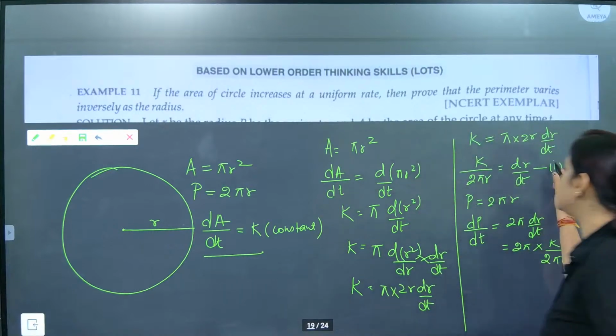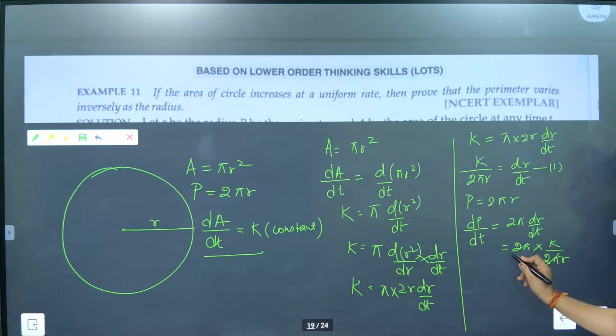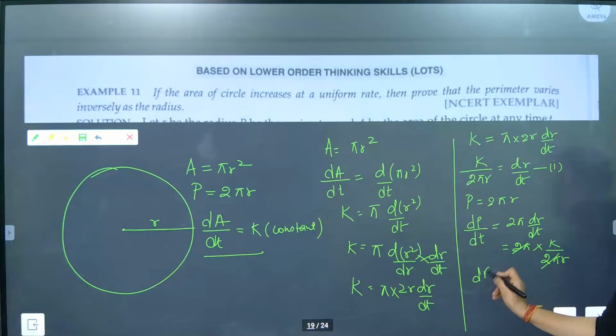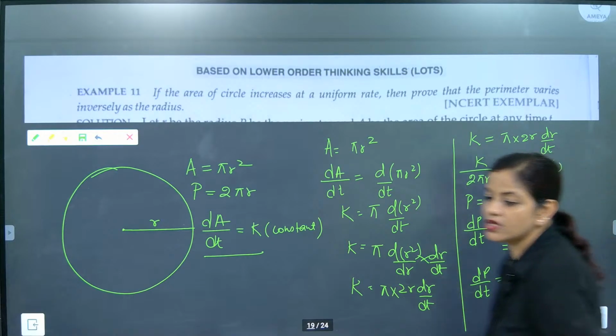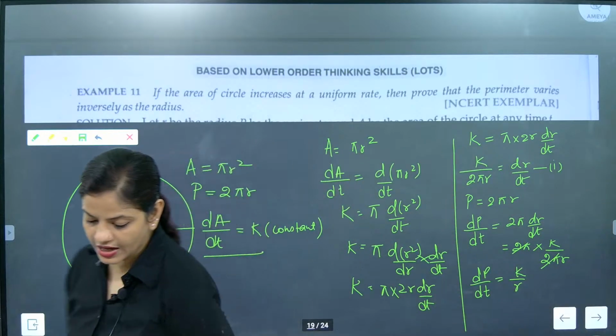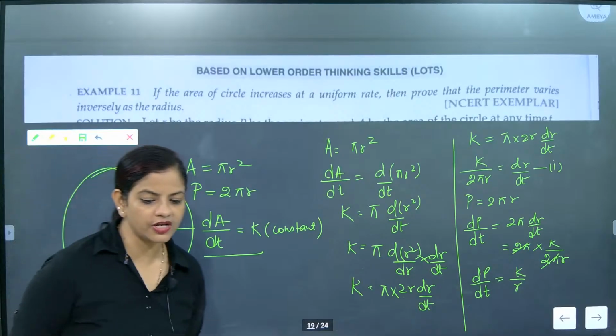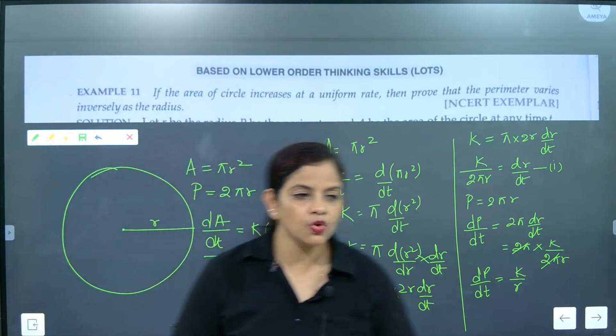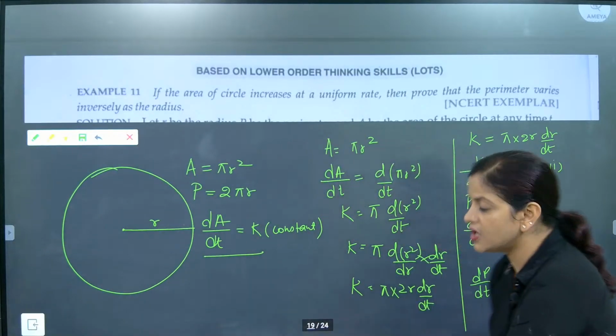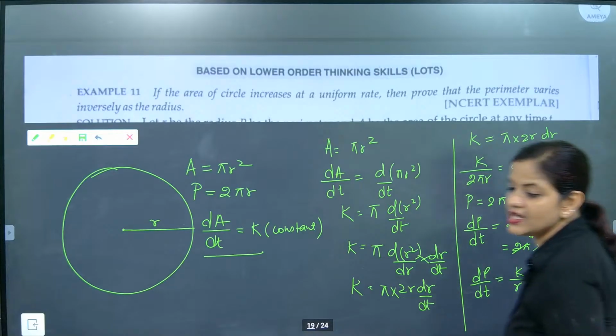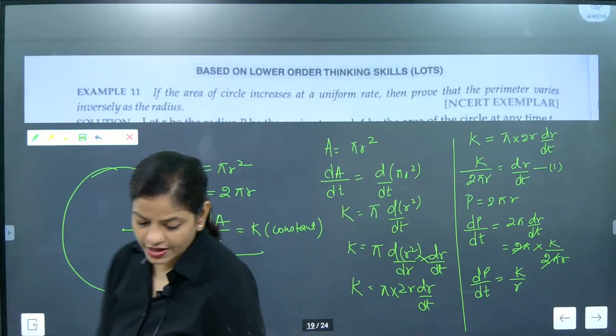I'm just substituting using equation 1. 2 pi gets cancelled. So dp by dt is equal to k by r. This is one of the most important things, k by r coming. So 100% we have proved the point. Here dp by dt is inversely proportional to radius.